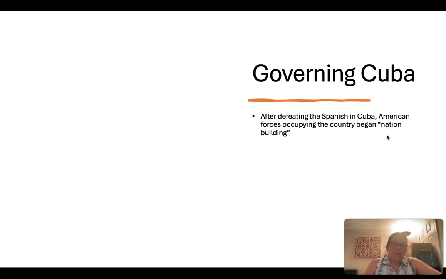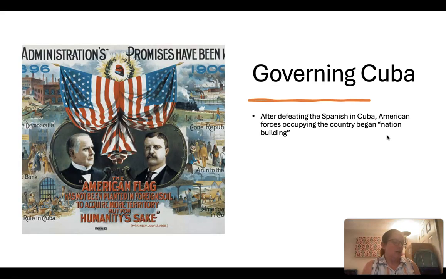Now, after defeating the Spanish in Cuba, American forces occupying the country begin essentially, to use a more modern term, nation building. And as you can see, McKinley and his new running mate, Theodore Roosevelt, campaigned on the apparent success in Cuba in the 1900 presidential election.